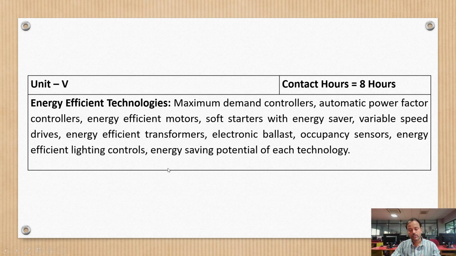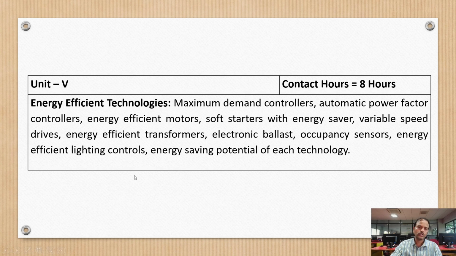In unit number 1, we'll be discussing the energy scenario overall: what is the current energy scenario in India as well as at global level. Unit number 2 will discuss auditing of electrical energy. Units 3, 4, 5 will focus on how to conserve energy, meaning we'll be learning about different energy efficient technologies.